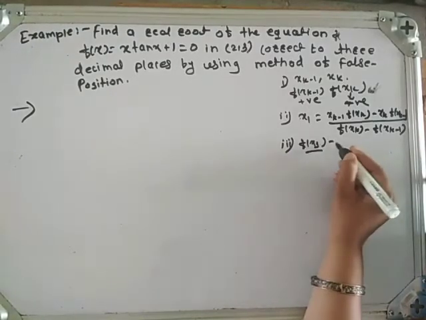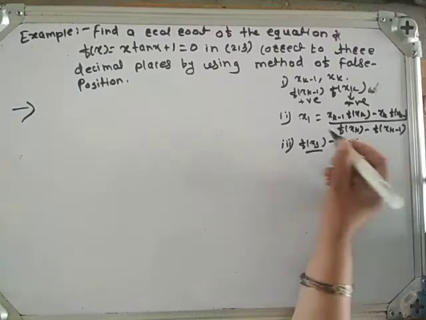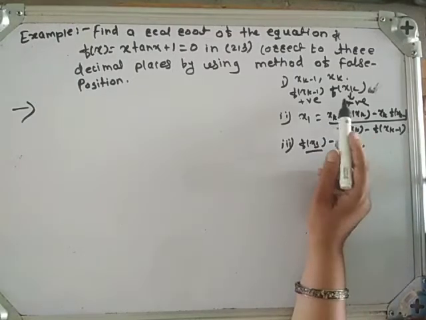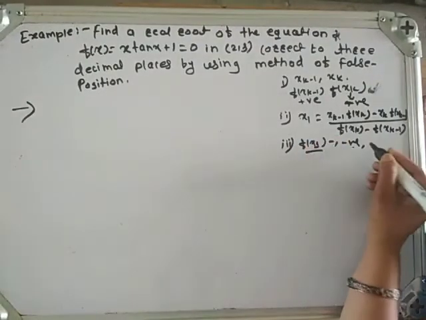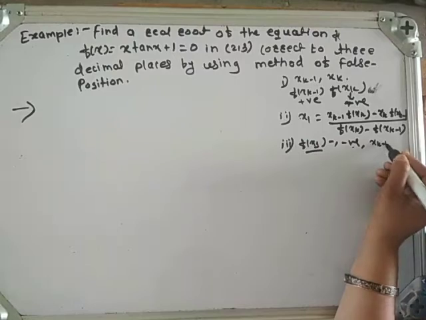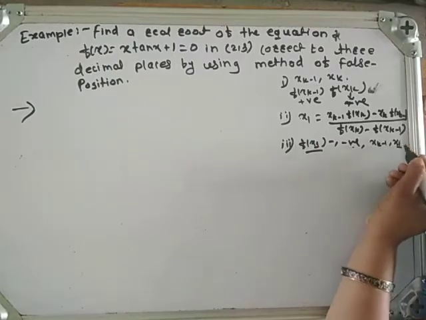If f(x1) is negative, then, since f(x_{k-1}) is positive, the root lies between x_{k-1} and x1.